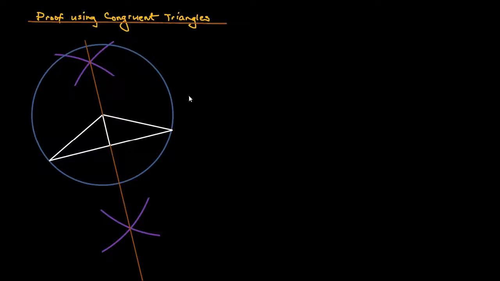Okay, so what have we done so far? We've got two angles. We've got an angle here, which, because we've bisected it, must be equal to this angle here. So those two angles are congruent, they're the same. We've also got a side, this side here and this side here. They're both radii of the circle, so those must be the same as well.